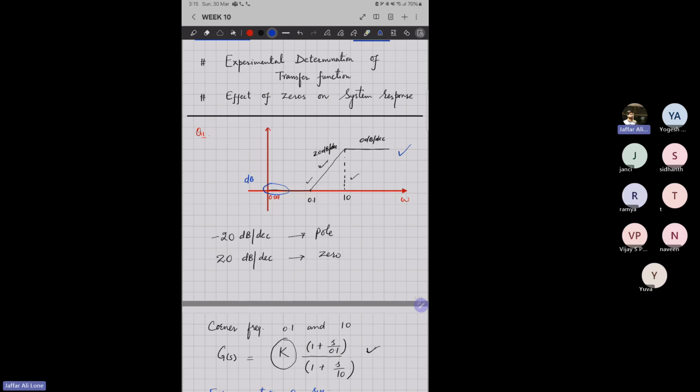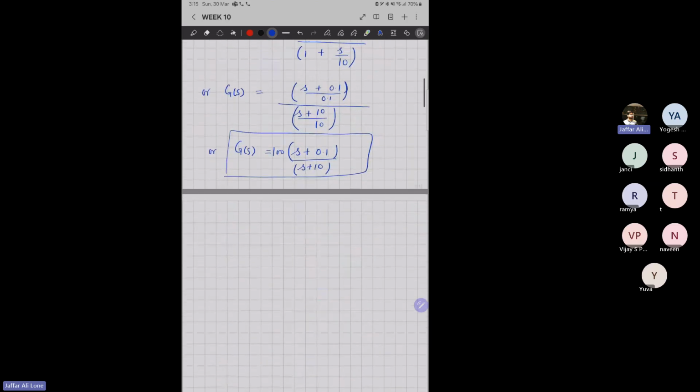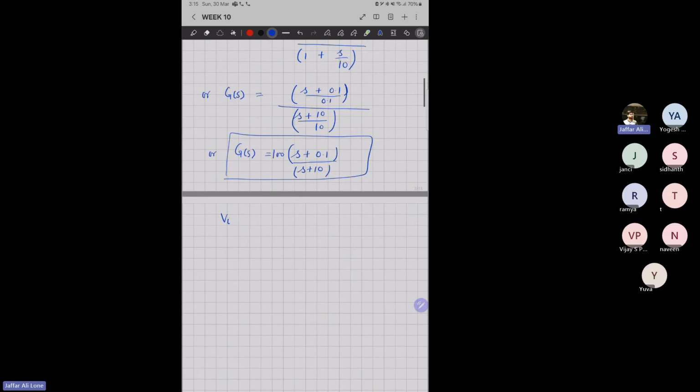What we do is give some input to that system at some frequency and observe the output, then vary the frequency and keep on observing the output. So we get a set of outputs corresponding to different frequencies. Then we plot that, we actually make the Bode plot. For example, you give some input voltage to a system and you get some output voltage, with some input frequency f.